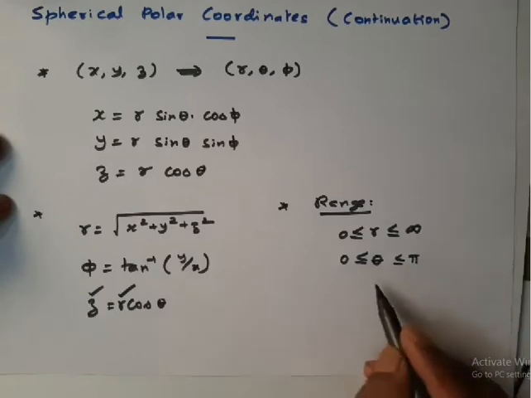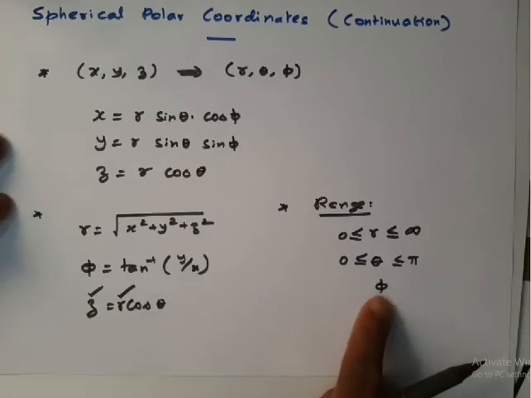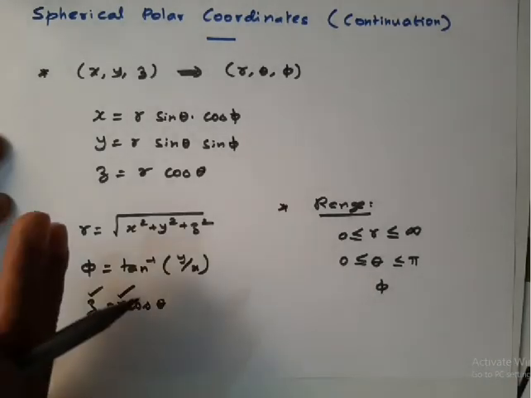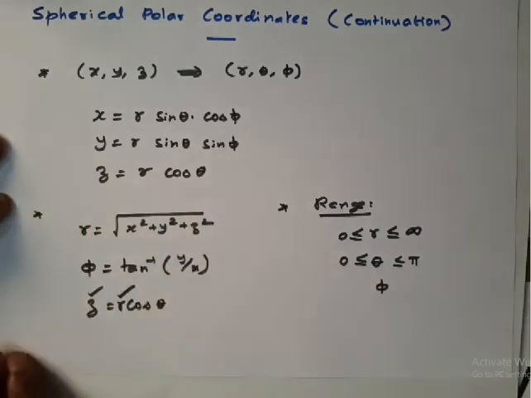Then what about the phi angle? Last class I told you, you draw a projection of the point onto the xy plane, then connect the origin to the projected point using a straight line. Phi is the angle between the plus x axis and the line joining the origin to the projected point.